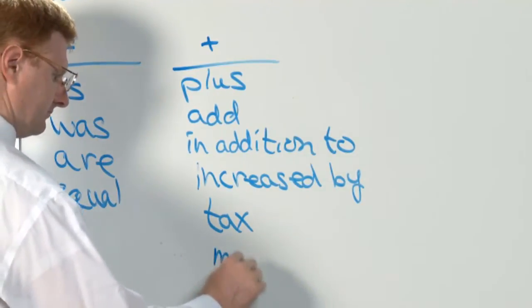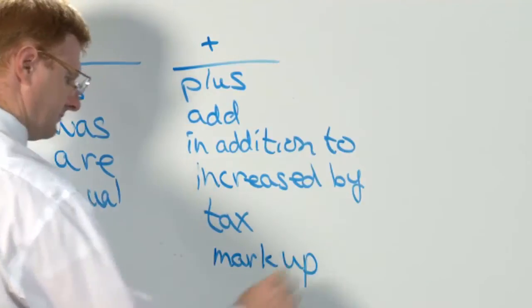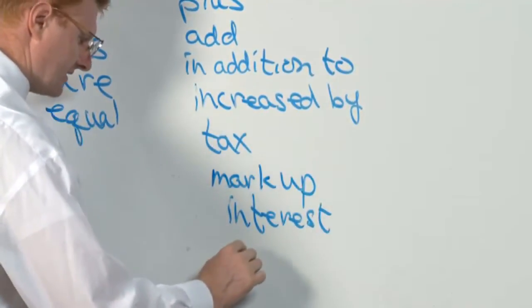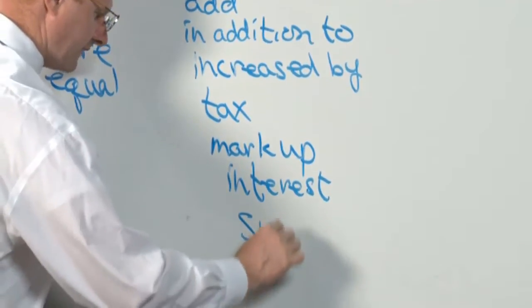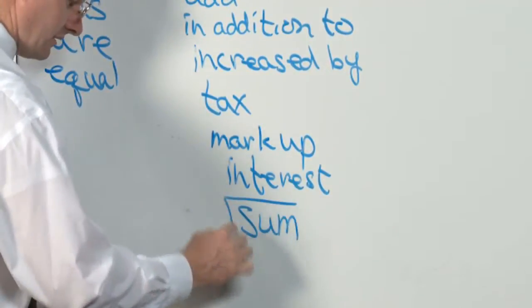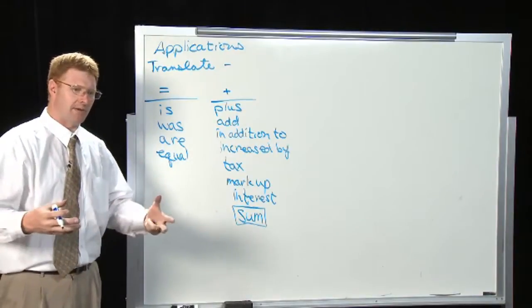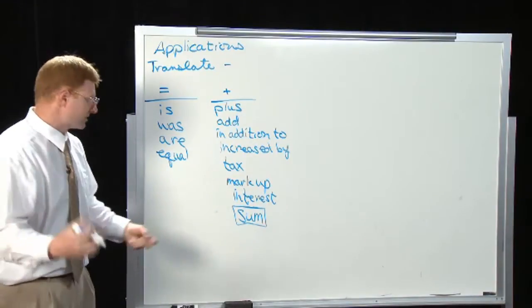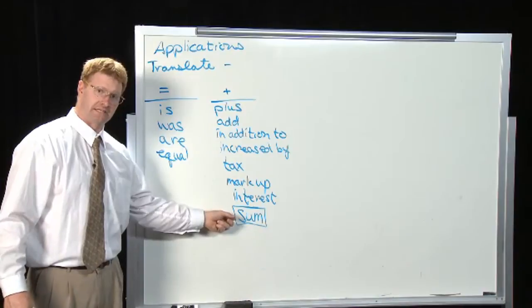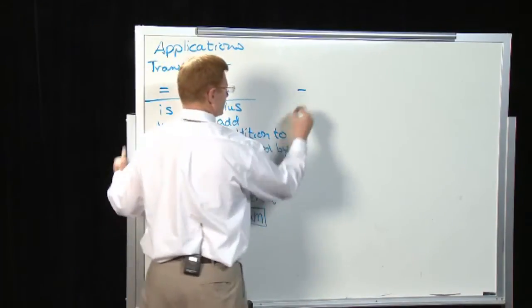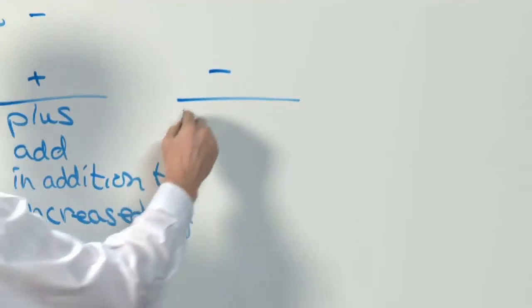Markup, interest, and this is the key word here. The official mathematical word is a sum. When you sum something up, you add them up. And this is what you'll be using in Excel a great deal as a formula to add things up. So that's sum. These have a very similar thing, so that's a minus.